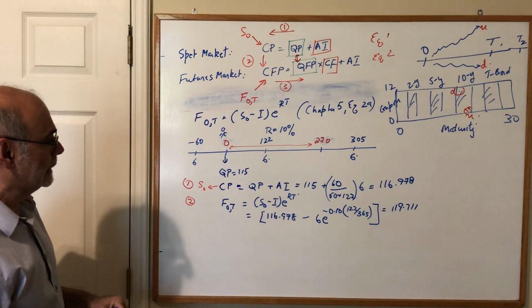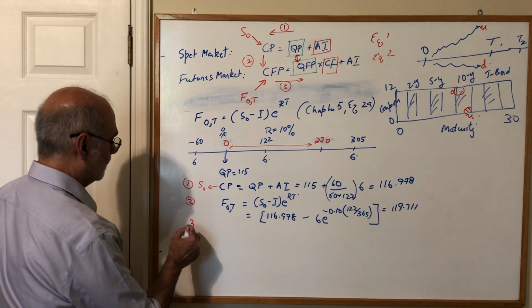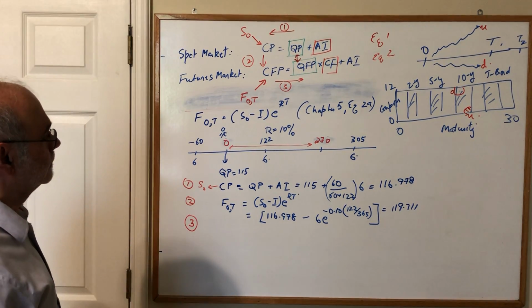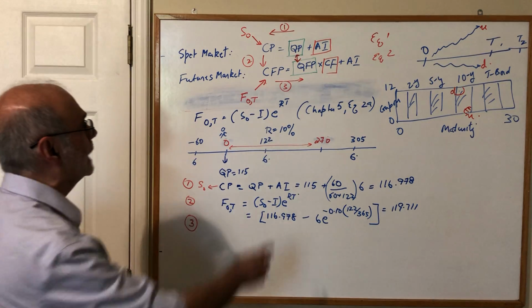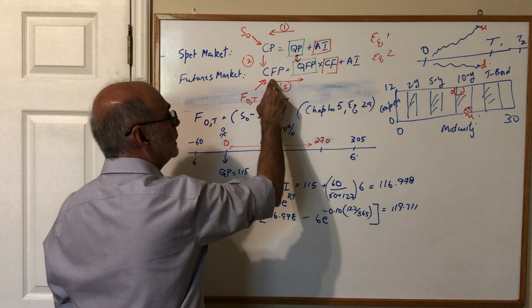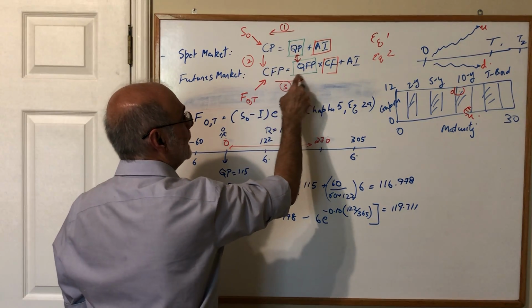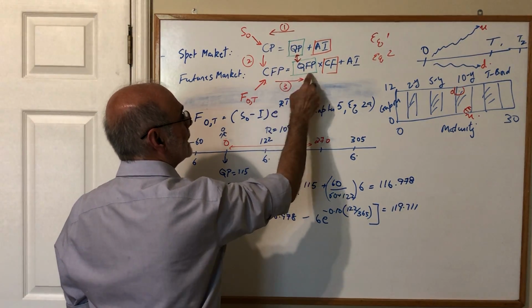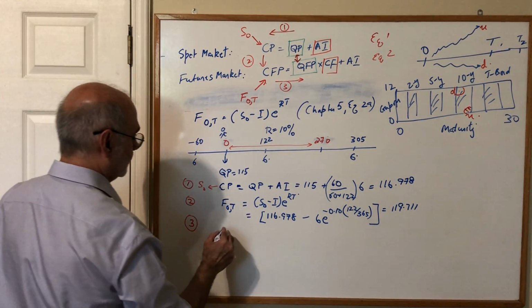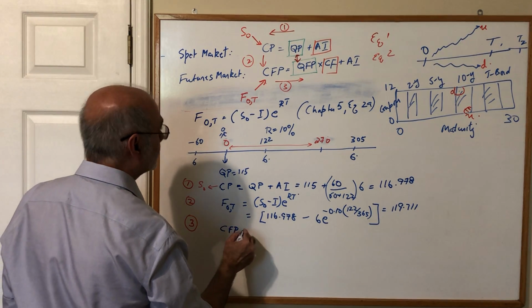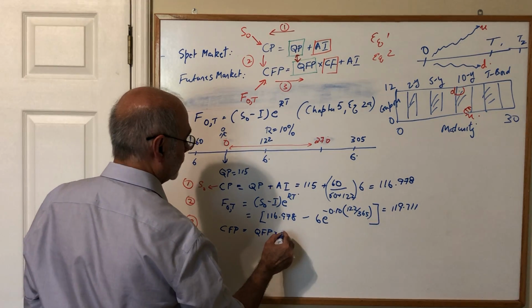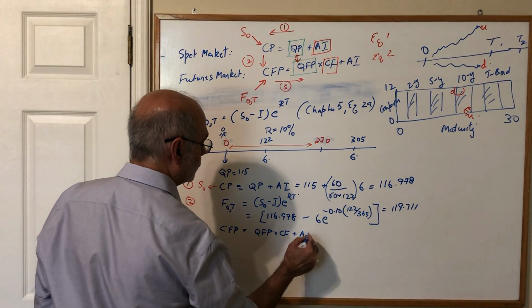The third thing is step 3. That's from here to here. Now I know F0, the cash futures price, and I want to calculate the quoted futures price. The cash futures price is equal to the quoted futures price times the conversion factor plus the accrued interest.